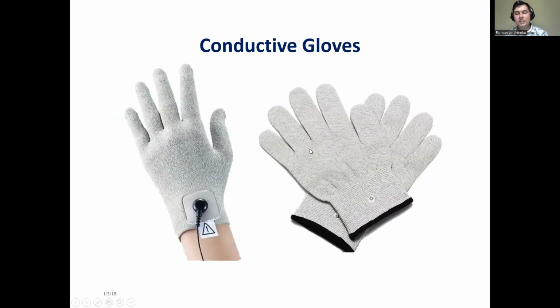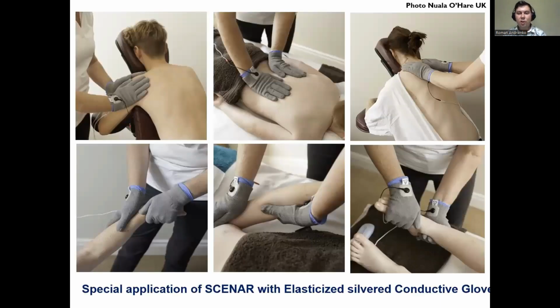So these are the conductive gloves that you can also have, and this is a great addition to your Scenar device. There's a whole block of how to use gloves correctly. Hope you will soon have the webinar about the gloves. Please let us know if you're interested in that, and we will make more detailed material about this type of therapy.